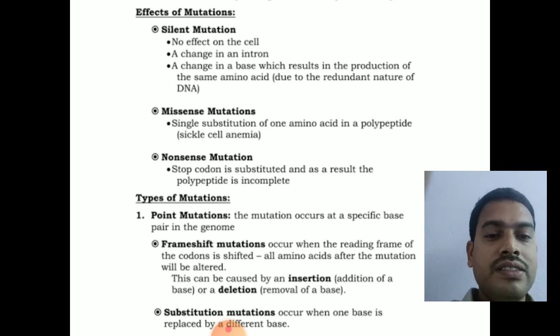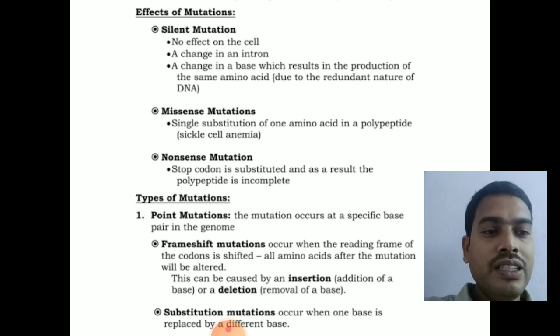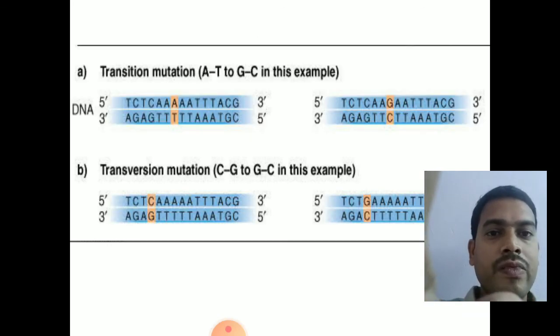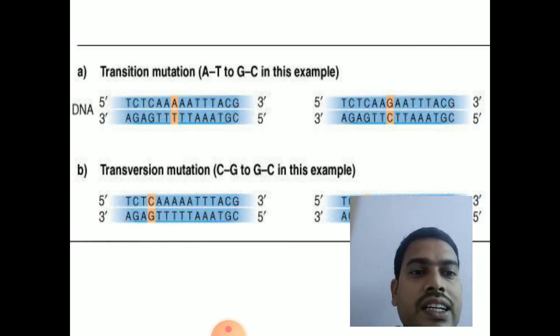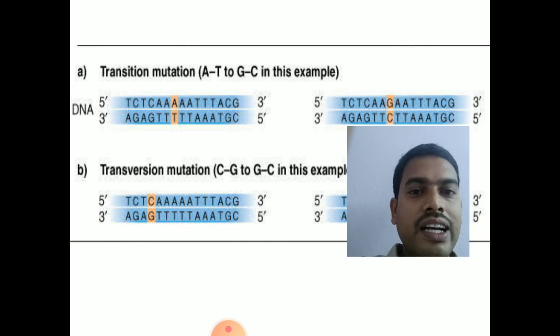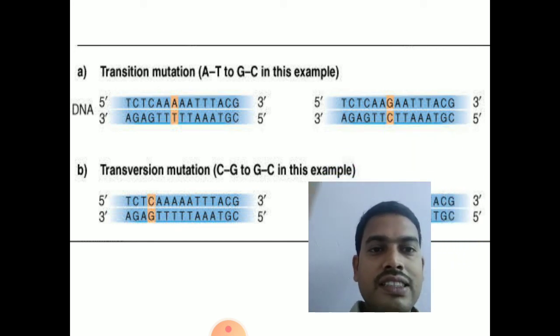Substitution mutations. Substitution means replacing one nucleotide with another nucleotide. These are of two types, transitions and transversions. In a transition mutation, a purine is replaced by a purine, or a pyrimidine is replaced by a pyrimidine.